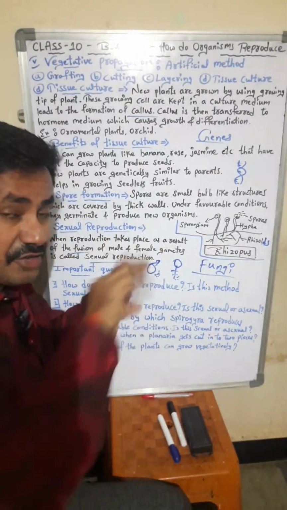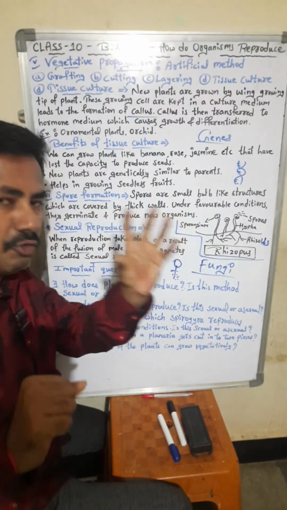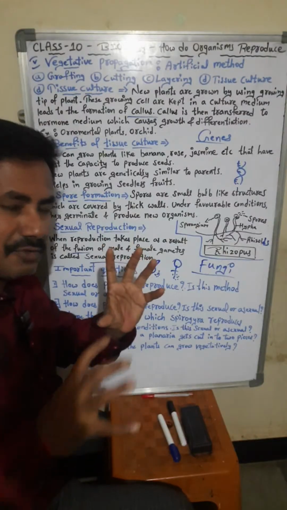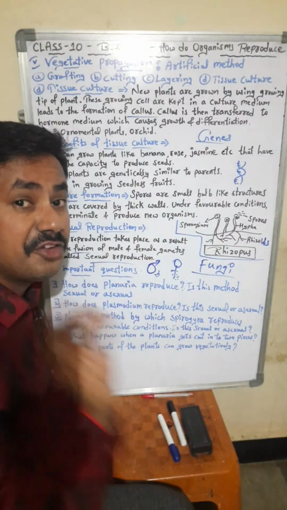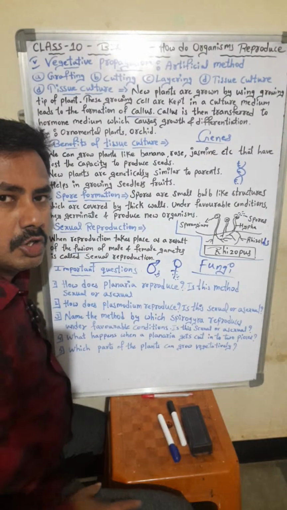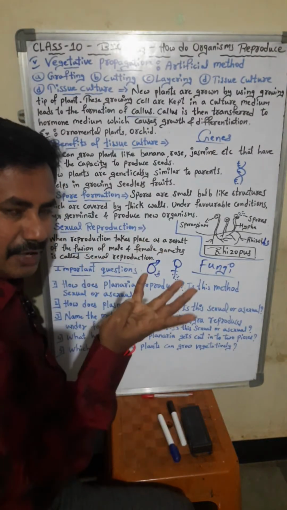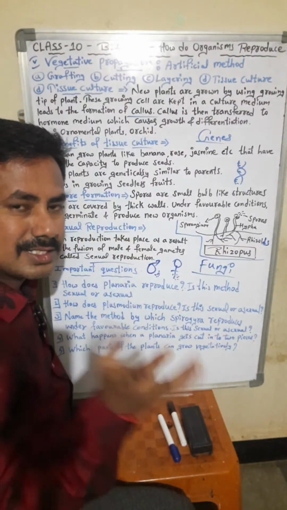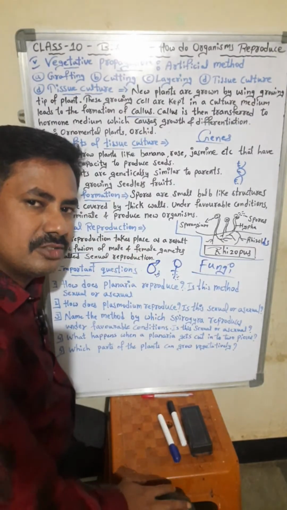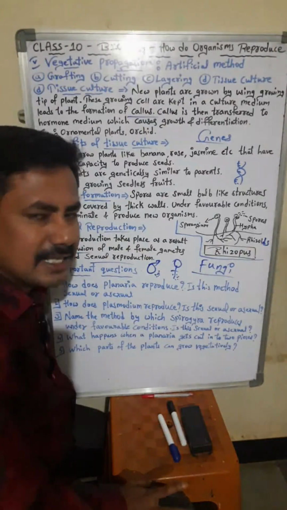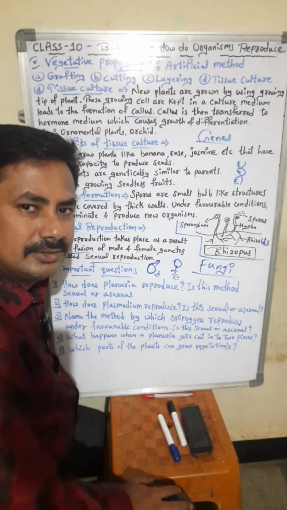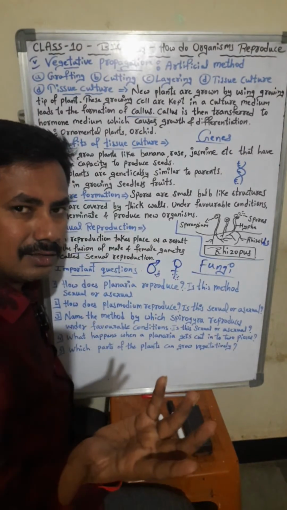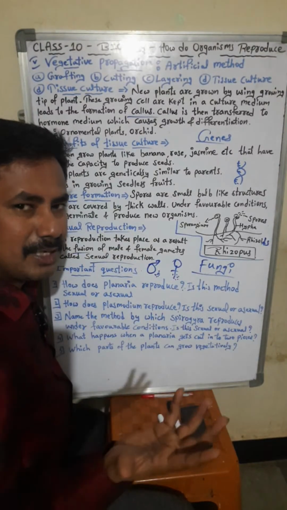In fission, one mother cell divides into daughter cells. In fission there are 2 types: binary fission and multiple fission. When a mother cell divides into 2 daughter cells, it is called binary fission. Amoeba and Leishmania are examples. When a mother cell divides into many daughter cells, it is called multiple fission. Example is Plasmodium.